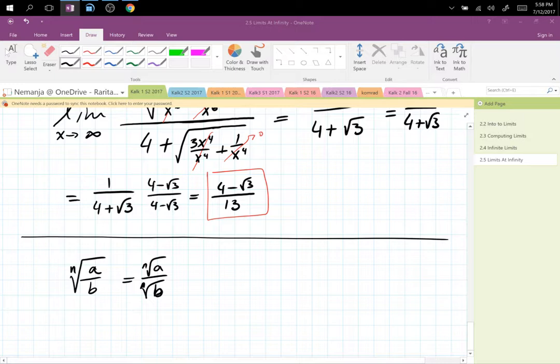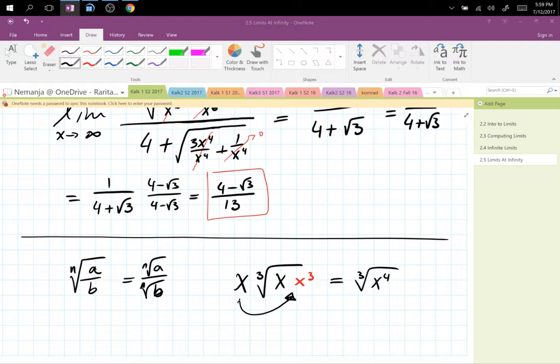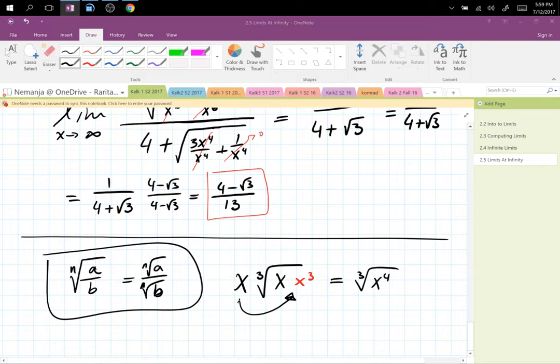Now, if I have, let's say, an x value, and then another x in front, it's going to go in as x cubed, because it was a cube root. So it becomes cube root of x to the 4th in that case, because the x that was there times x cubed that just came in becomes x to the 4th. Now you can do that because of this formula here. You can do that in the denominator as well.